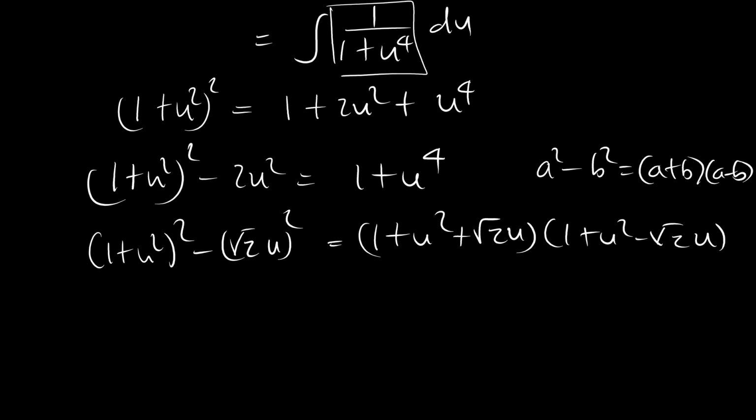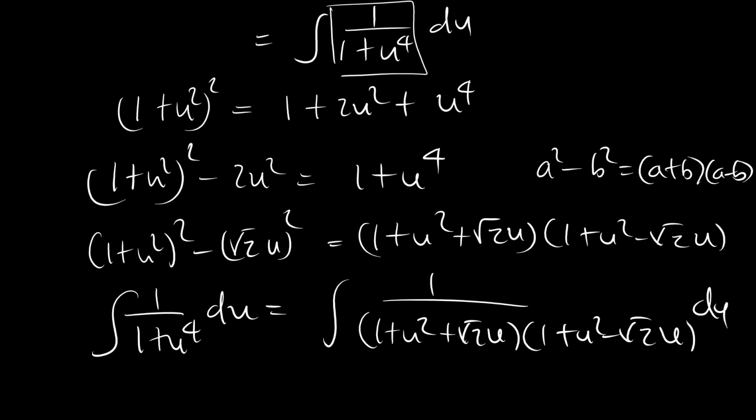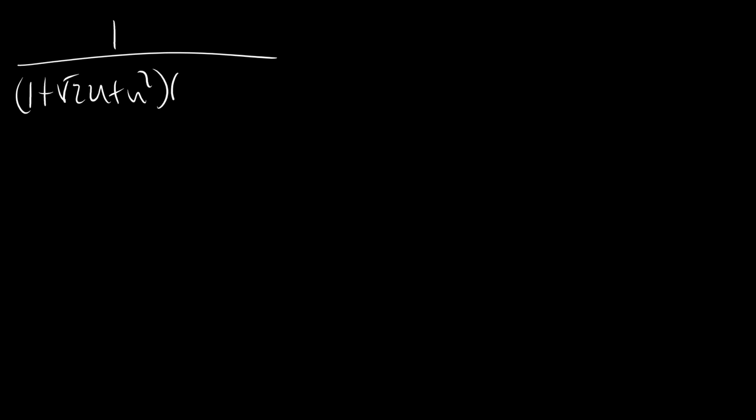In other words, our integral 1 over 1 plus u to the fourth is the same as 1 over 1 plus u squared plus root 2 u, times 1 plus u squared minus root 2 u. And so the next thing is, how do we express these into a partial fraction?